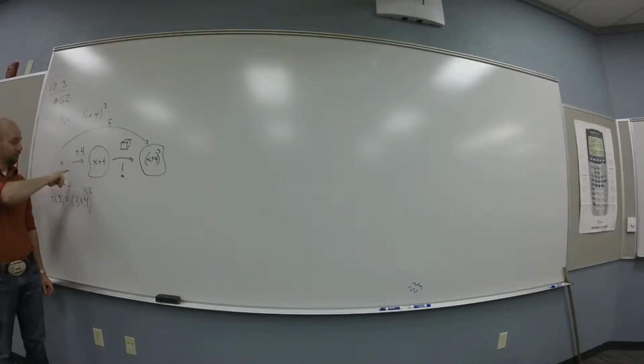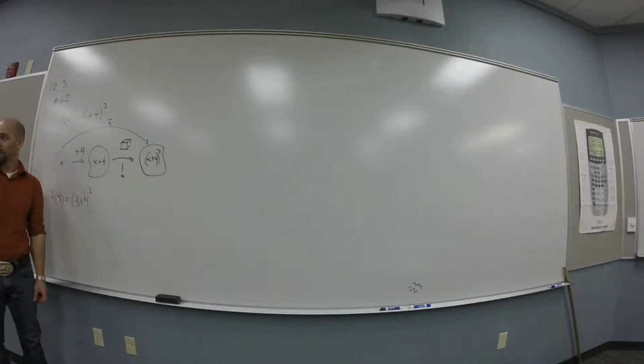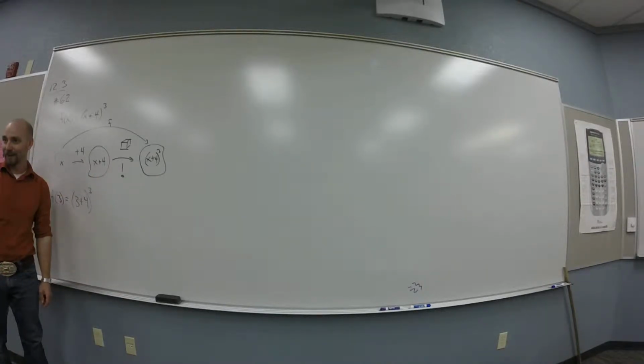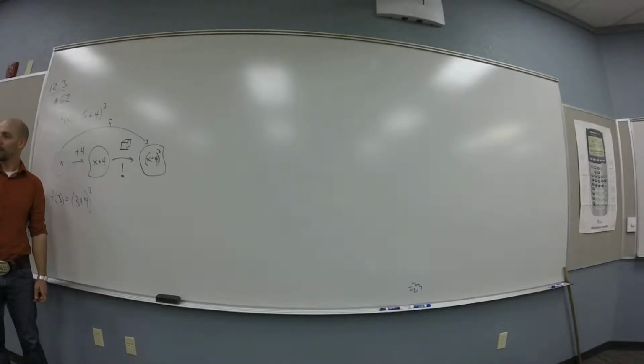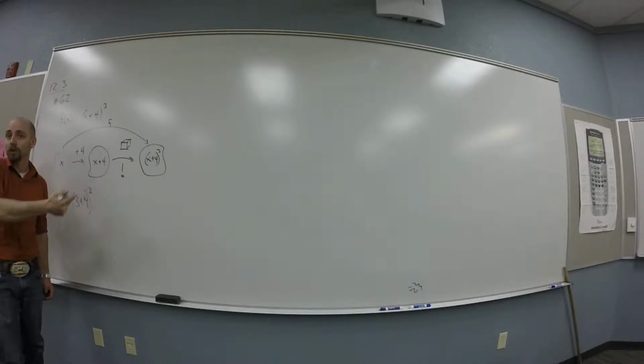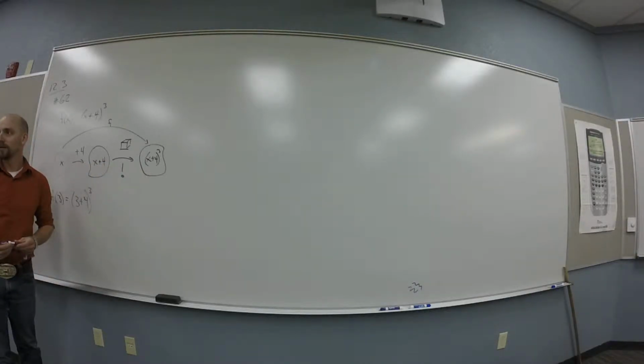So this is happening before or after? Say it louder. That's all I was looking for. Is this coming before or after the cubing? Before, right? You guys see that? When I plug in an x, I do this rule before I do the one I'm going to have to know the shape of.